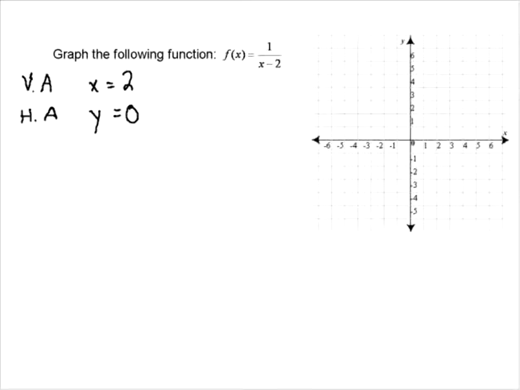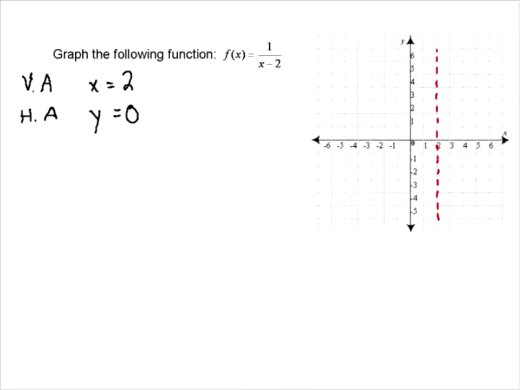So let's sketch those in. With an asymptote, what we do is draw a dotted line. So we go to the line x equals 2, and we draw ourselves a dotted line, just like so. And we have a vertical asymptote right there.